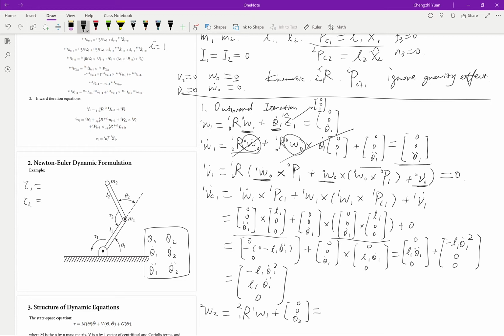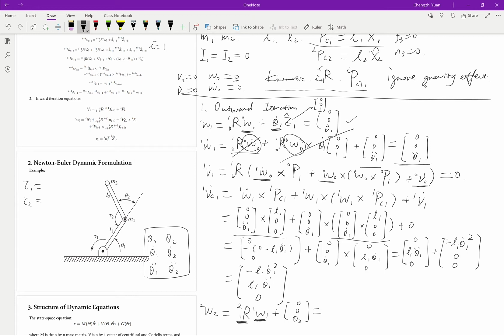So in this case, different from the first link, omega 11 is not a zero vector, but it's from here, right? 0 0 theta 1 dot. And we need to know what the rotation matrix R21 is. Okay, and this information can be obtained from the kinematics models. So now let me just give you the kinematics model.